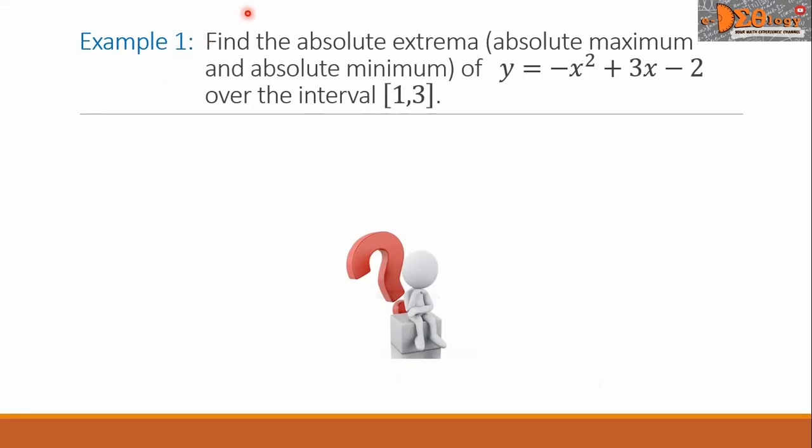Example 1. Find the absolute extrema. That means the absolute maximum and the absolute minimum of the function y equals negative x squared plus 3x minus 2 over the interval from 1 to 3.